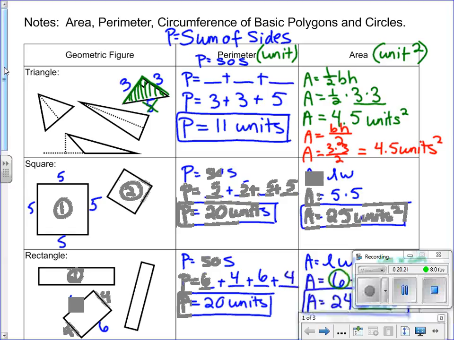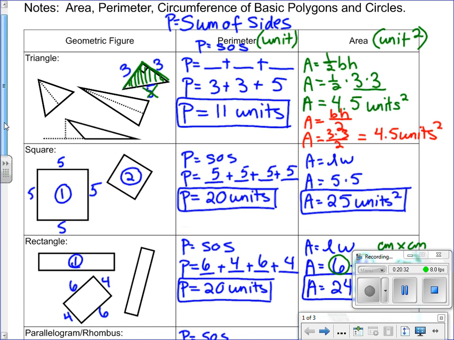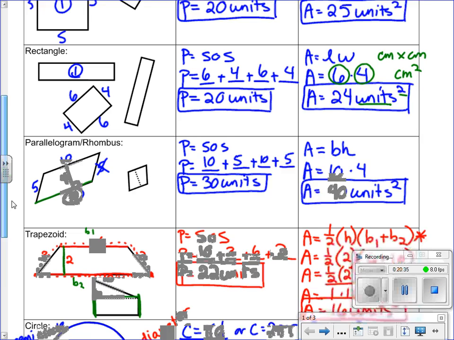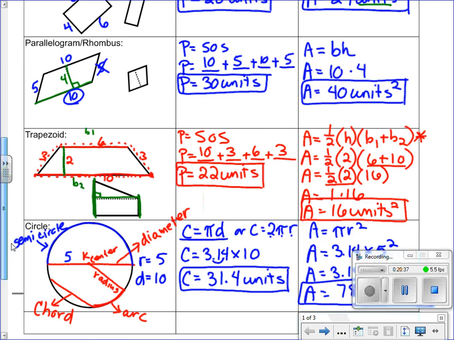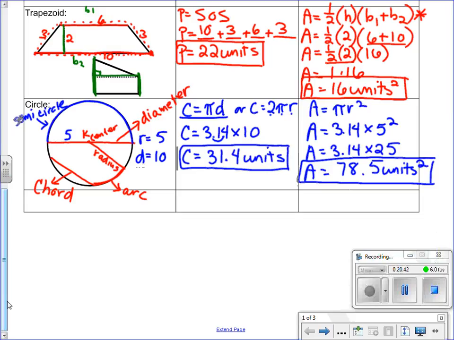One thing I might do for a pop quiz is just ask you for the formula for triangle, formula for a square, to find the area, etc. And that would be all it is, not even working anything out, but just telling me what the formulas are. So make sure you have those memorized. Especially, like I said, that trapezoid for area. And then, of course, your circle, perimeter, and area. Those are a little bit tricky there, too.